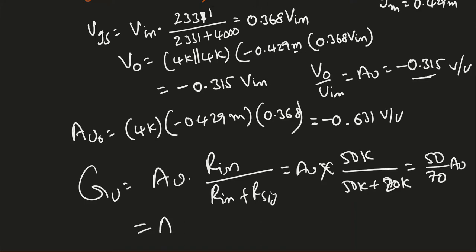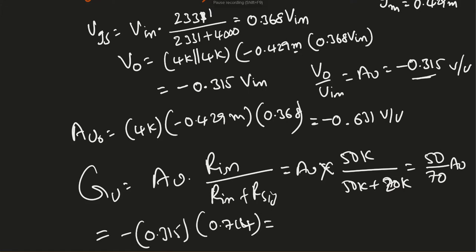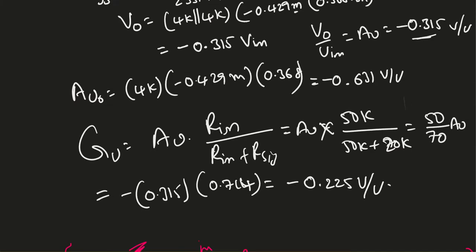This value is AV times 50 over 70, which is nothing but 0.714. So 0.714 times minus 0.315 is minus 0.225 volt per volt. This is the overall gain.